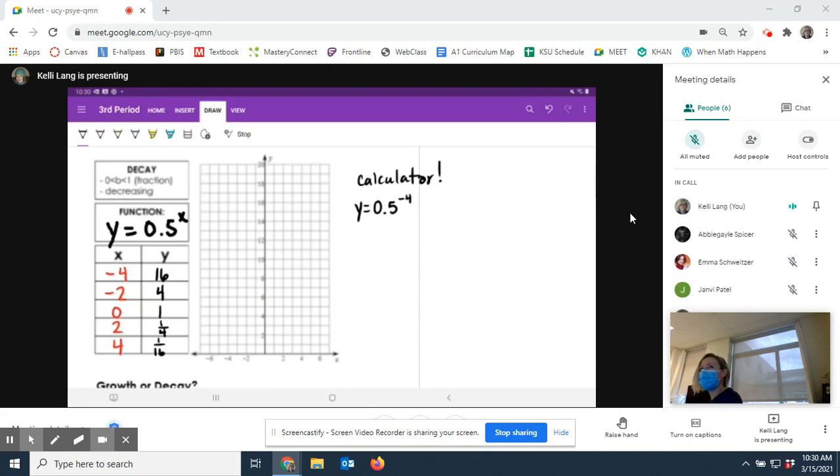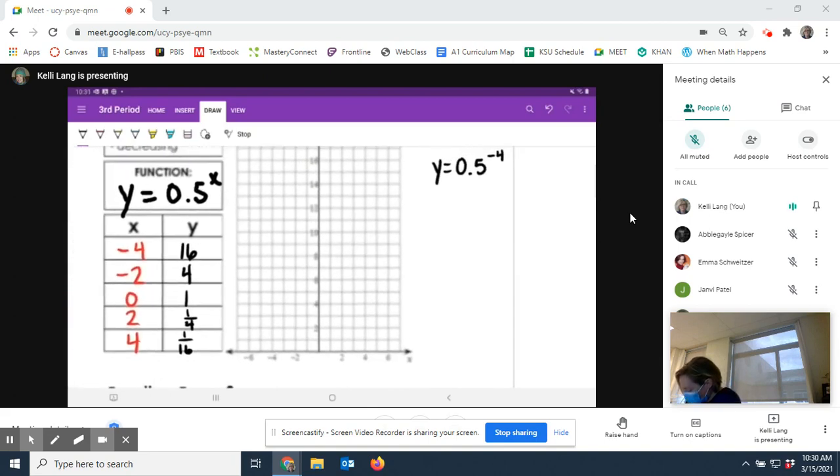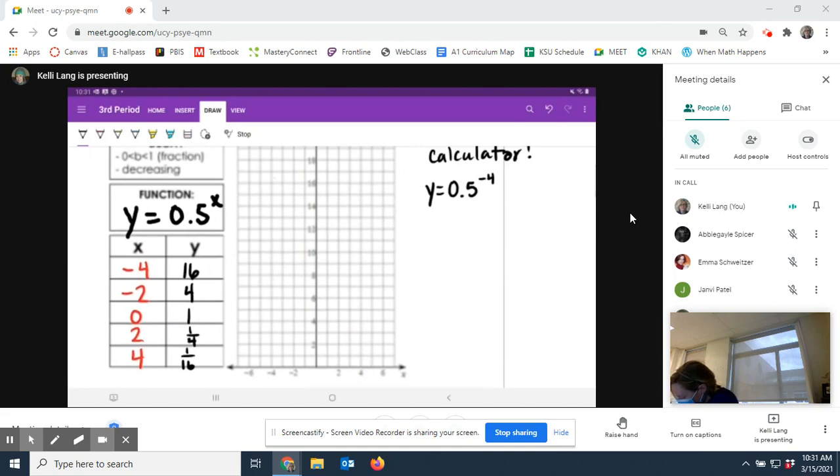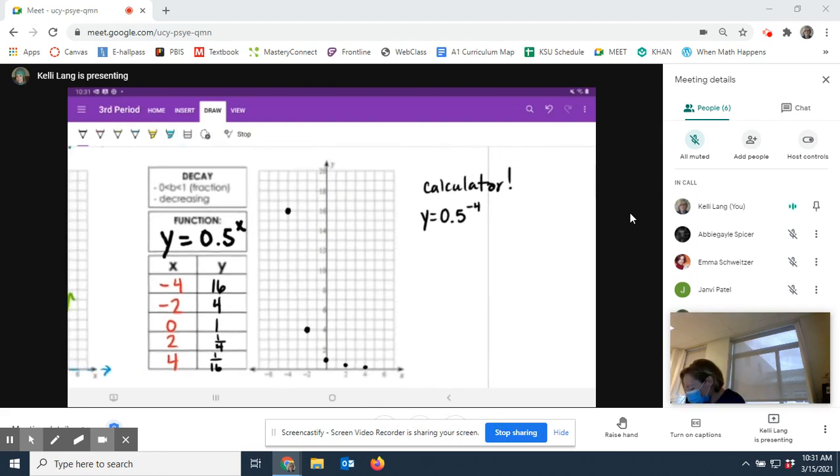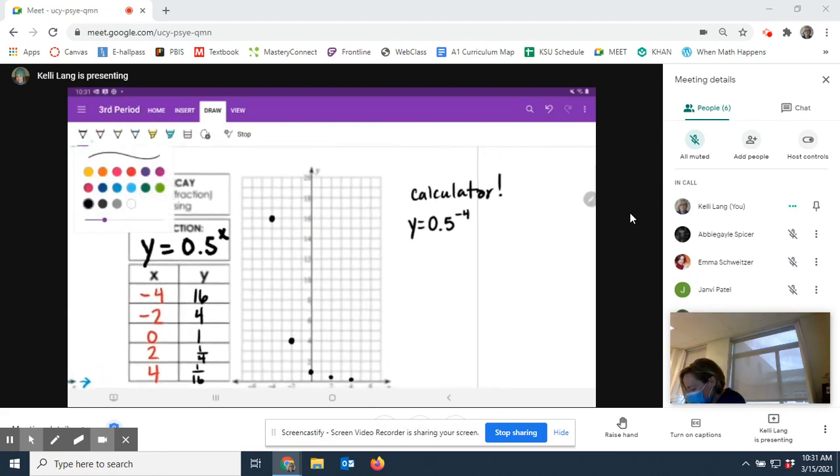So let's graph these. Starting with -4, 16. That's going to be way up here. -2, 4. 0, 1. 2, 1/4. And then 4, 1/16. So do your best to connect your dots with a curve.